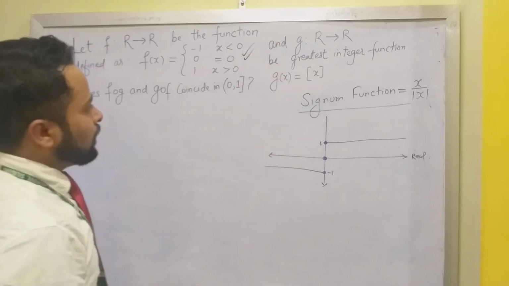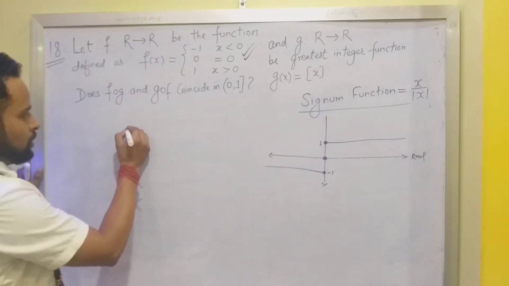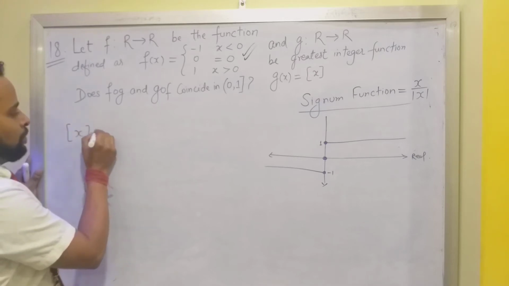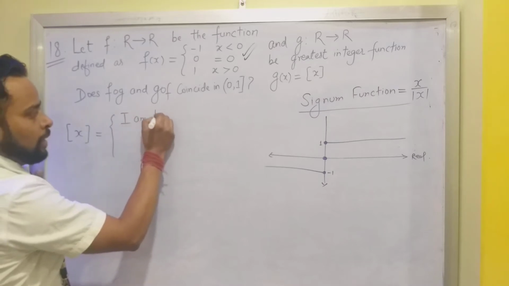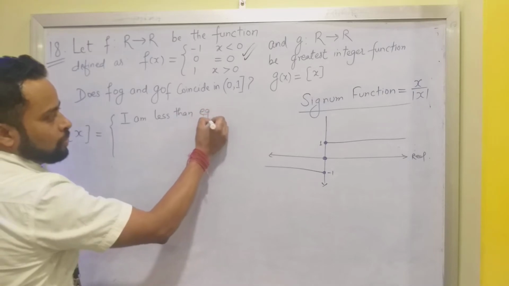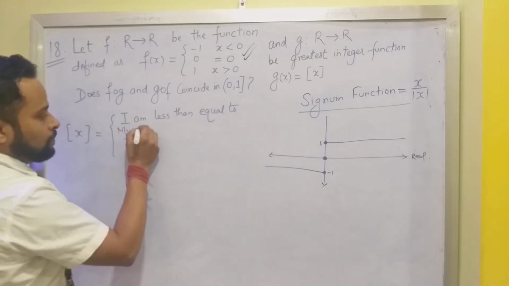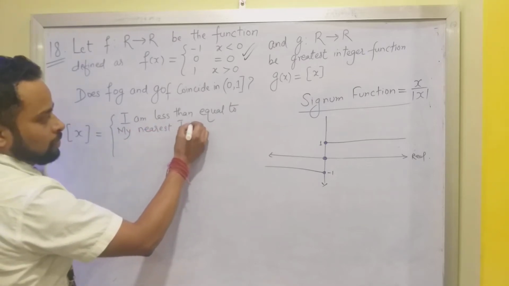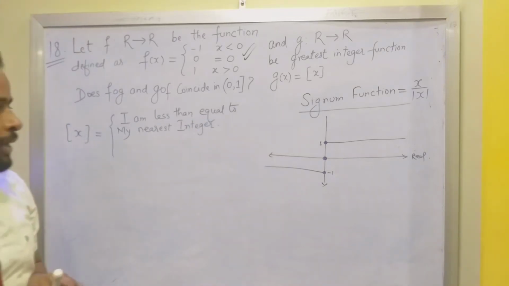Then the second function is the greatest integer function. Do remember my words. It says I am less than or equal to my nearest integer.